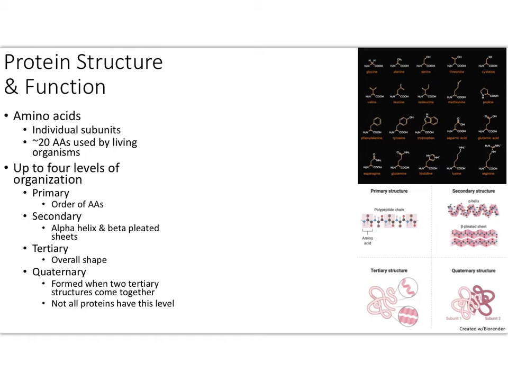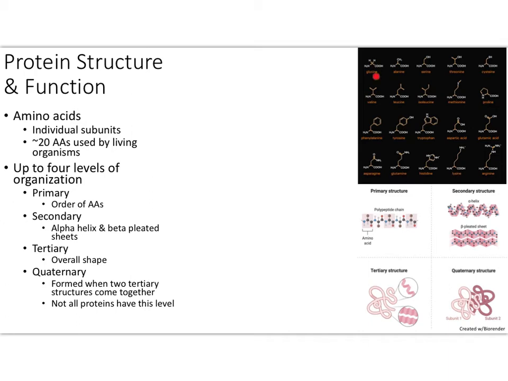Every once in a while, there will be another one slipped in periodically, but by and large, these 20 amino acids are the ones that all organisms on the planet use to make up proteins, no matter what type of organism they are, whether a bacteria, an archaea, a plant, an animal, or a fungus, all of them basically use the same 20 amino acids.